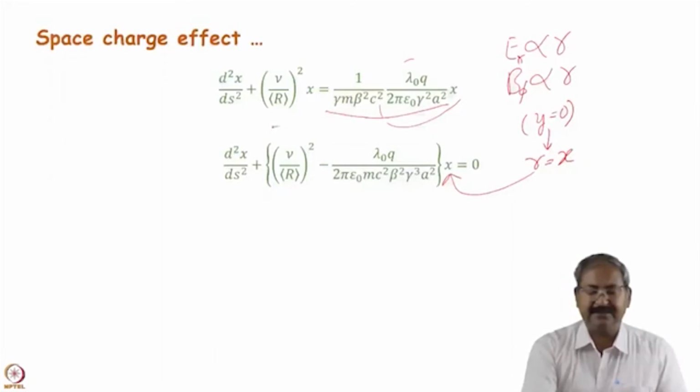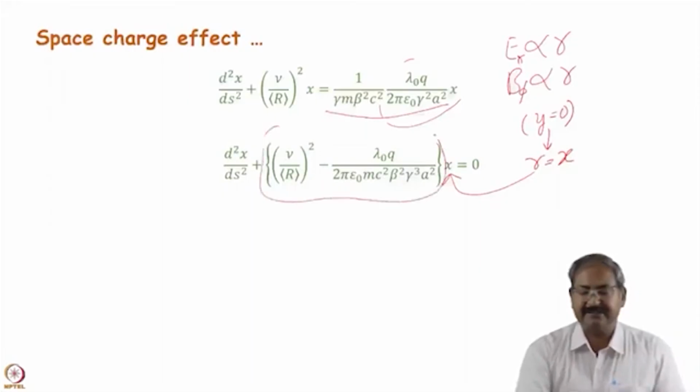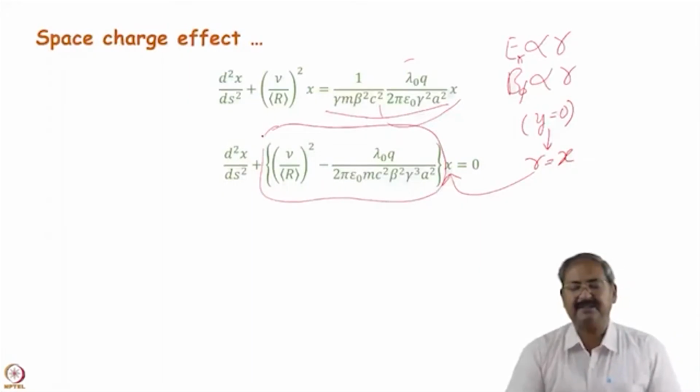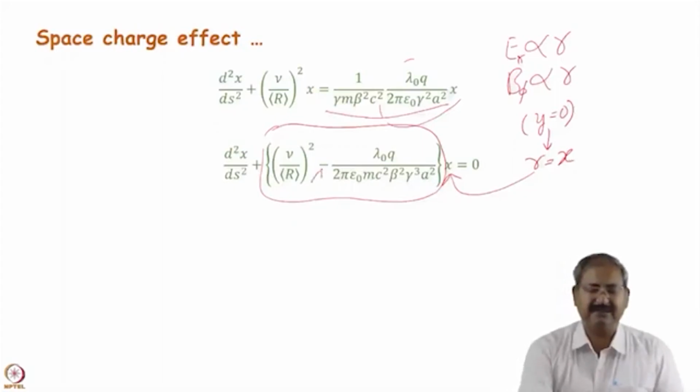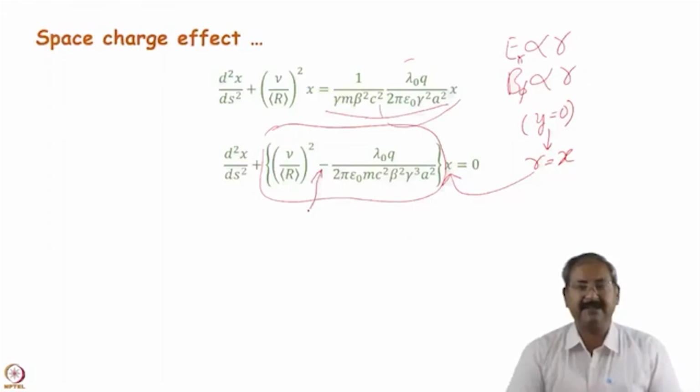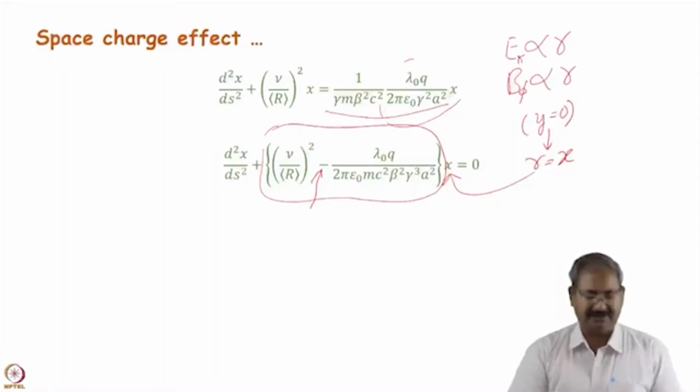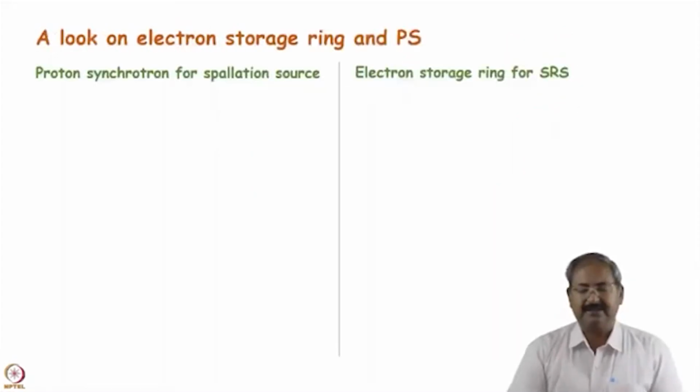Now you can see that this expression shows the new frequency, means the frequency of the betatron motion has been changed due to this space charge force, and this is with a minus sign, means the frequency has been reduced, means the tune has been reduced. So space charge force basically reduces the tune.